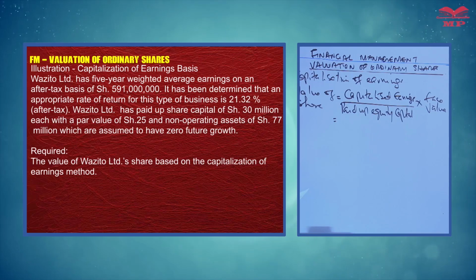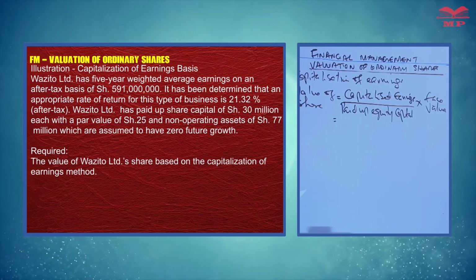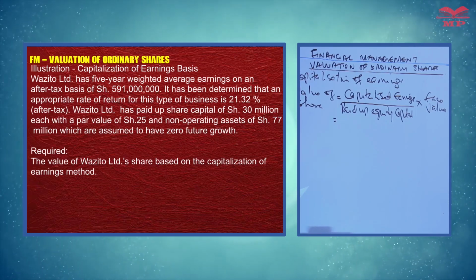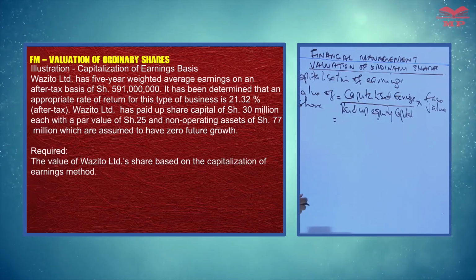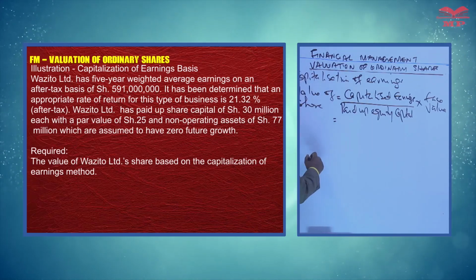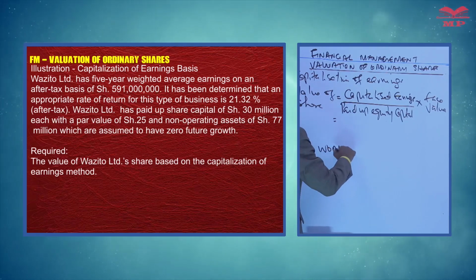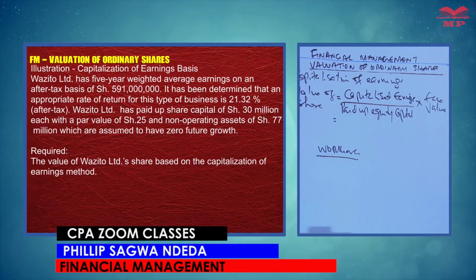Do you see that? So we may have to adjust the capitalized earnings to take into account the value of non-operating assets. So we need a working here for capitalized earnings.